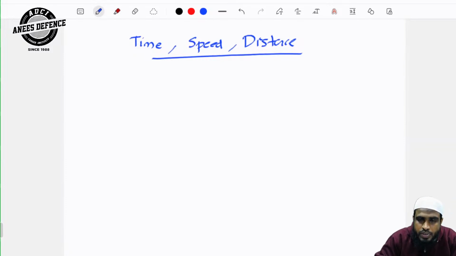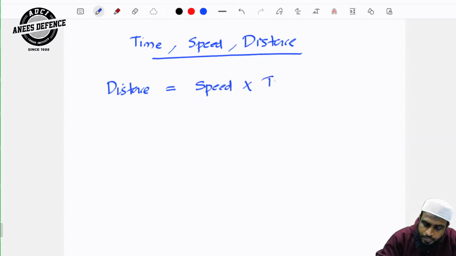We know the basic relation between time, speed, and distance. Distance is equal to speed into time.